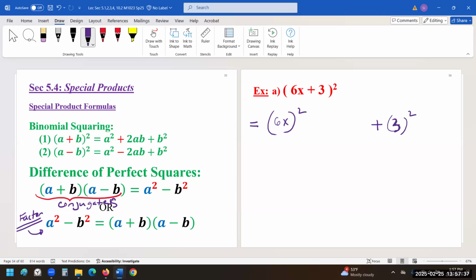And then you're going to add something extra, because we are adding in the binomial. What is extra? It's 2 times their product, their individual terms, which are 6x and 3. So you multiply them with 2 in the middle, and then the first one squared plus the second one squared.